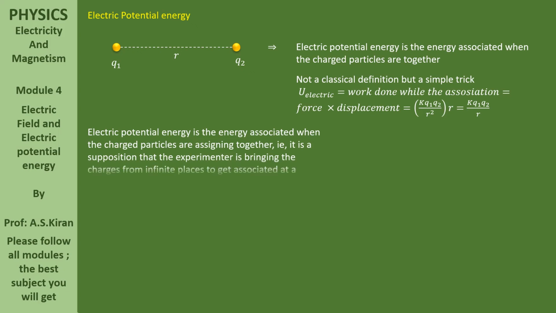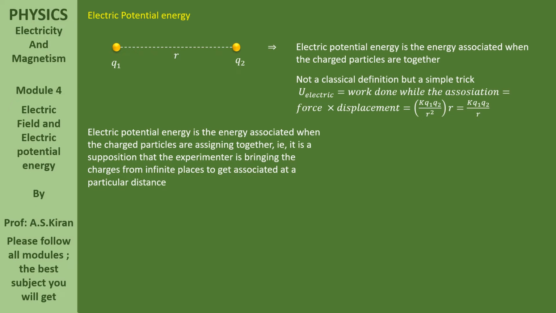But let us observe this definition now. The previous definition is a trick, but here is the definition. What is the electric potential energy? See, there are two charges given. There are two charges associated.